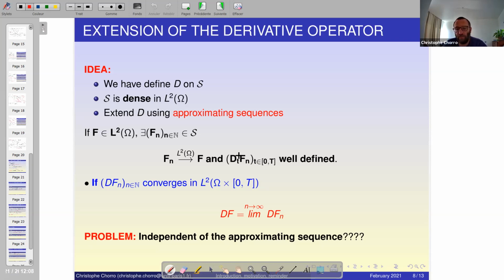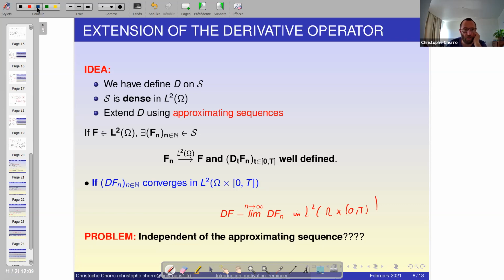An idea to define D of F is to say the following. I have an approximating sequence where the Dt of Fn are well defined. If this sequence is convergent in L2 of omega times 0 capital T, keep in mind that you have a sequence of stochastic processes here, then it should be natural to define D of F this way, as the limit in L2 of omega times 0 capital T of this derivative.